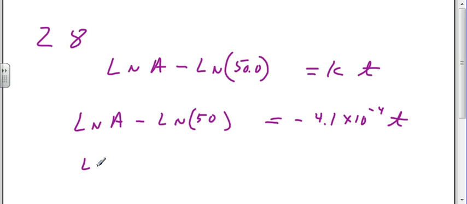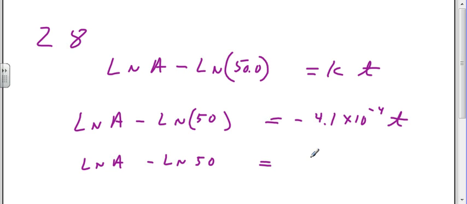So the natural log of a minus the natural log of 50 is equal to 4.1 E minus 4 times 25.